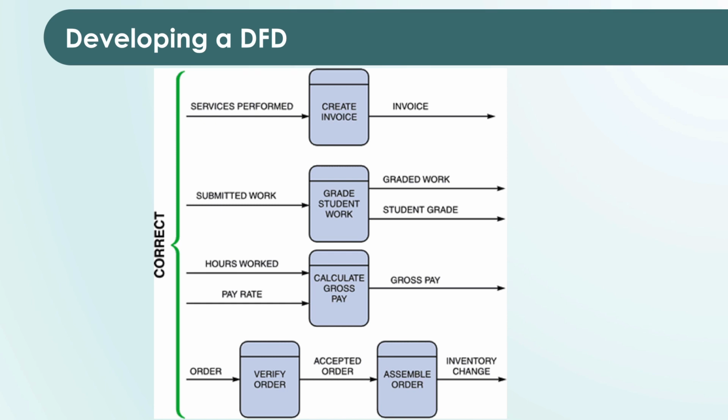In this example, the data about the order will be input for verify order, and after the order is verified, the output is the accepted order. Then the accepted order will be input for assemble order, and after it is processed in assemble order, the output is the inventory change.